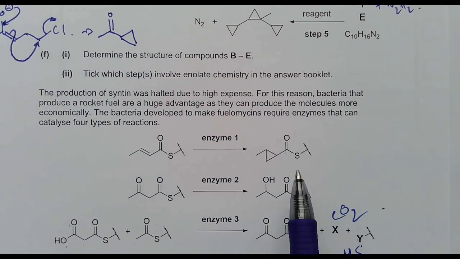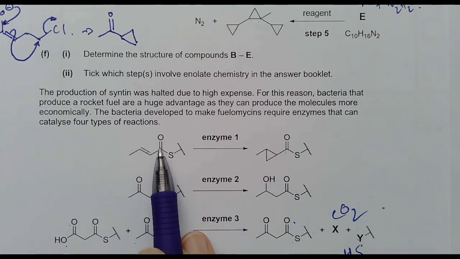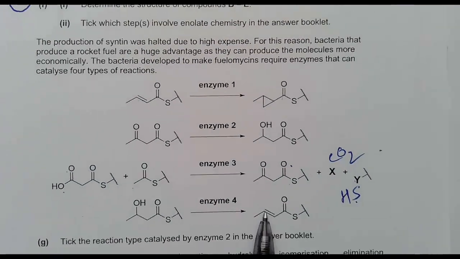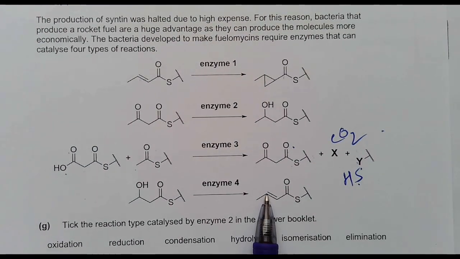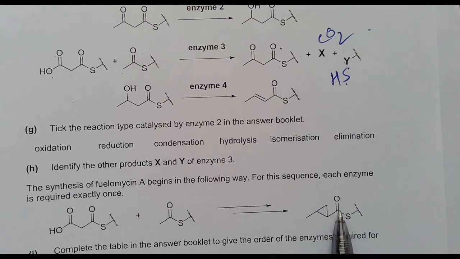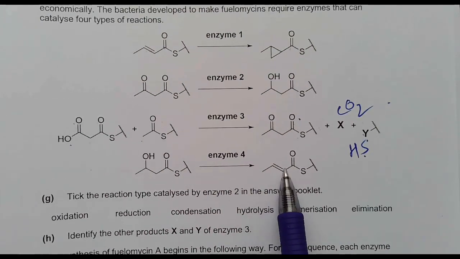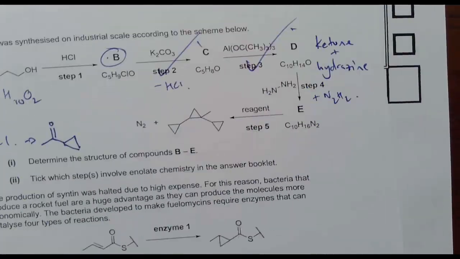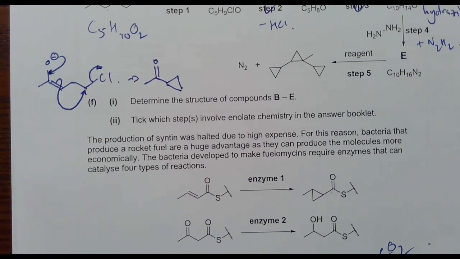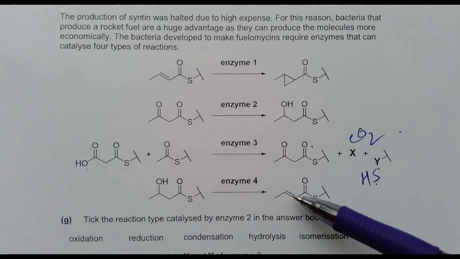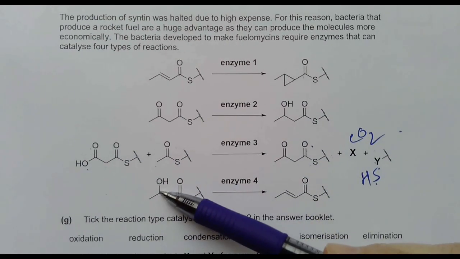Now in order to make the ring, I need the double bond. Where do I get my double bond? I get that from enzyme number 4. So in order to get this, I first make it with the double bond, then I get the ring. So 4 is that. Then, in order to get the double bond, I need the alcohol.